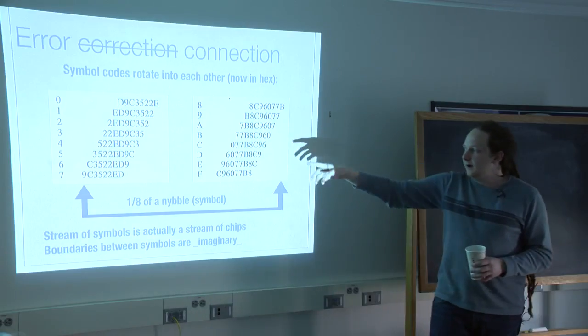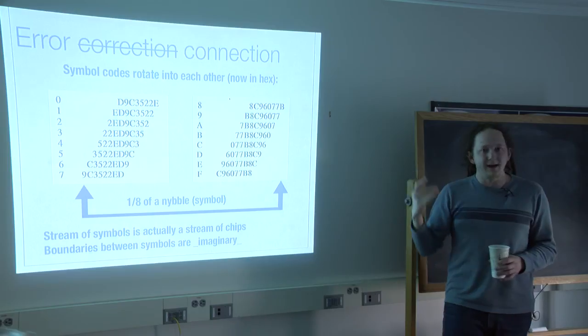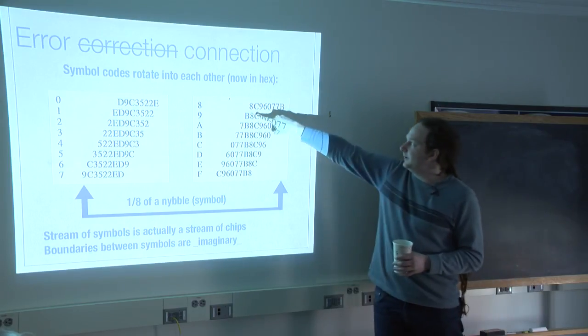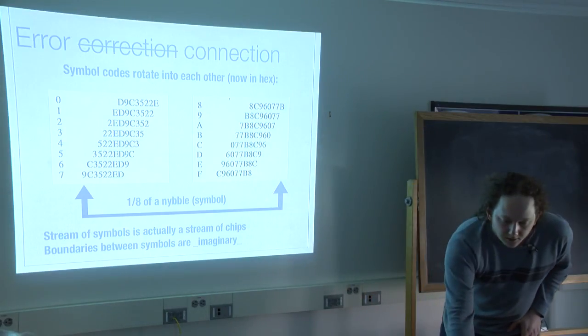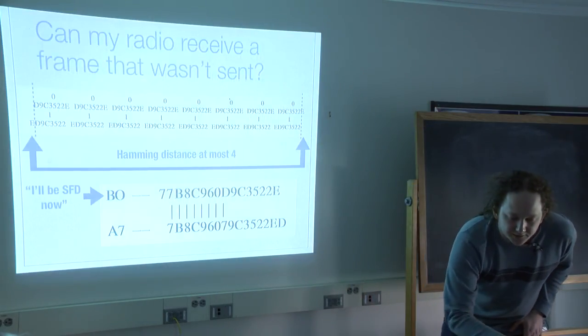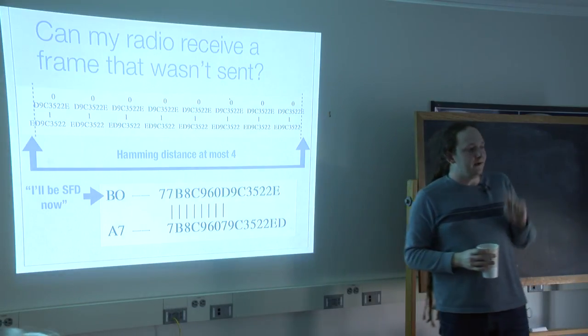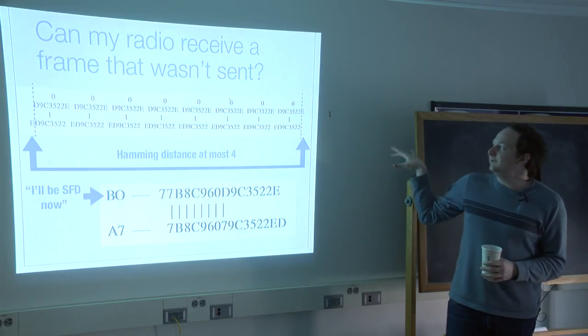So what we're doing here is we're left shifting by 1/8 of a nibble, because this whole sequence represents 1 nibble of data. So this allows us to trick a receiver into receiving a frame that was never sent. And the way that we do this is we shift it off by a little.